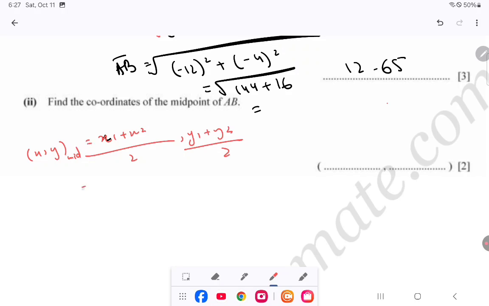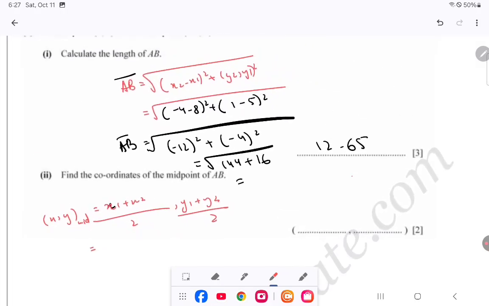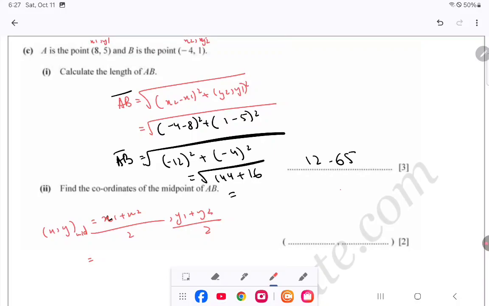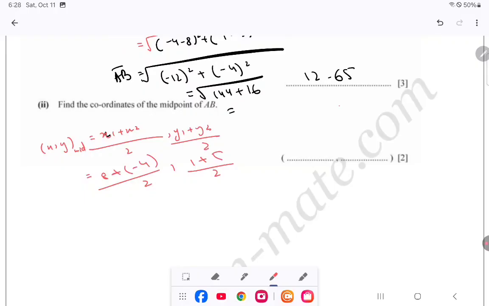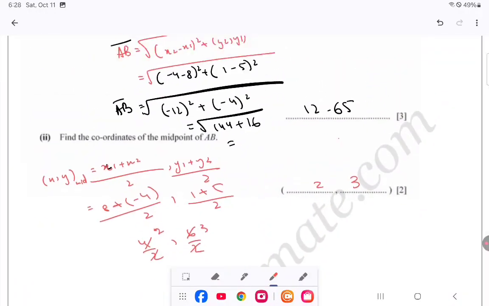Now put the values of x1 and x2: 8 plus negative 4 over 2, comma, y1 is 1 plus 5 over 2. 8 minus 4 will be 4 over 2, comma, 6 over 2. 2 into 3 is 6, 2 into 2 is 4. So (2, 3) will be our midpoint. So this is part B, part C of question 4.